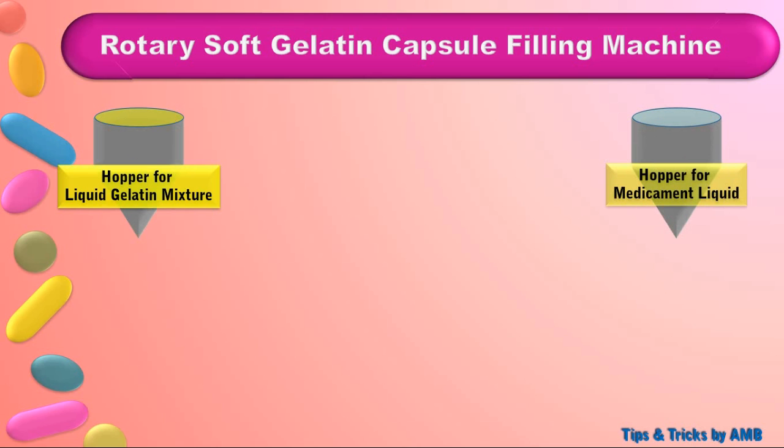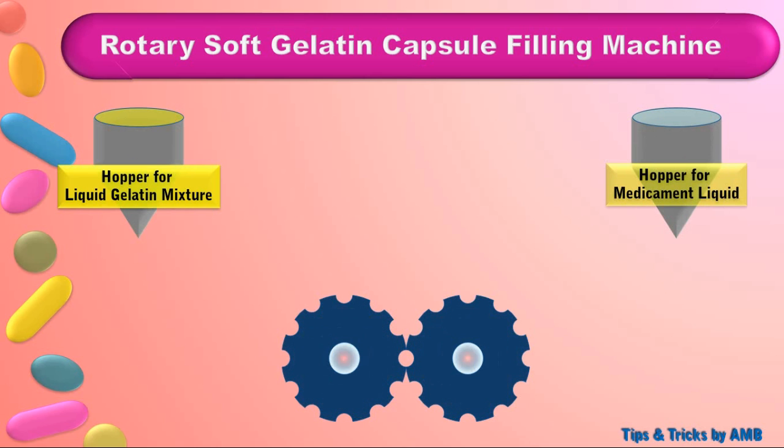It also has two rotating dies which move in opposite directions and are arranged close to each other. Each rotary plate has sufficient width, and on the periphery dies are embossed with sufficient depth to hold gelatin liquid.